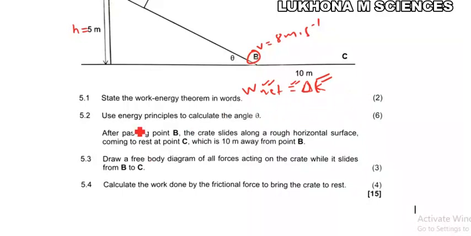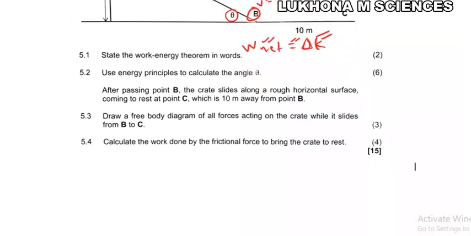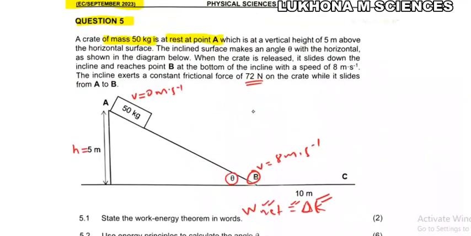The following question says, use the energy principles to calculate the angle theta. We want theta. So to answer this question, you must first draw the free body diagram of the incline. So here we have this object. There is a normal force on this object.